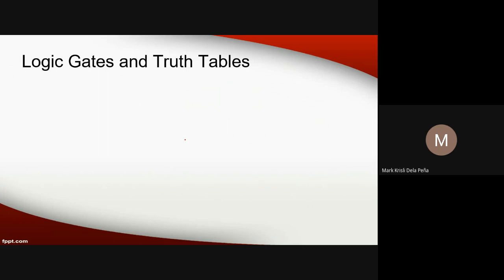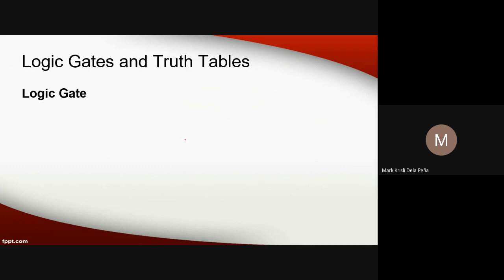There are symbols, just like, for example, in electronics, a resistor has a symbol. So logic gates also have symbols, and those logical operators have symbols. Each logical operator has an equivalent logic gate.